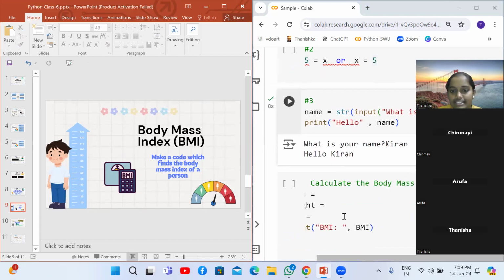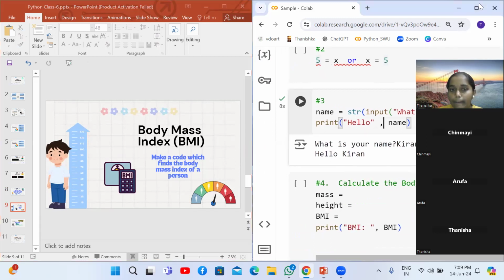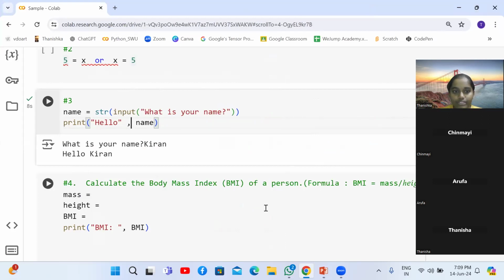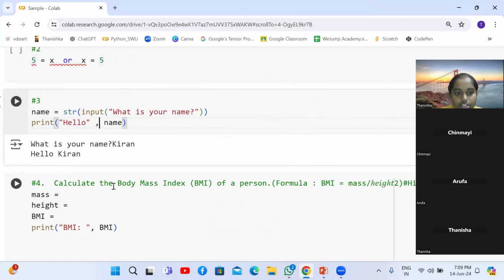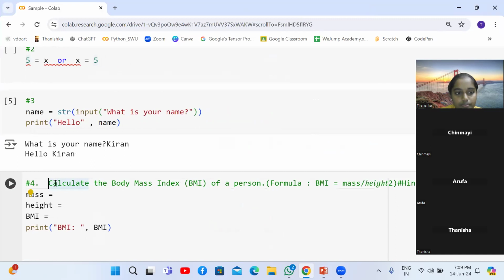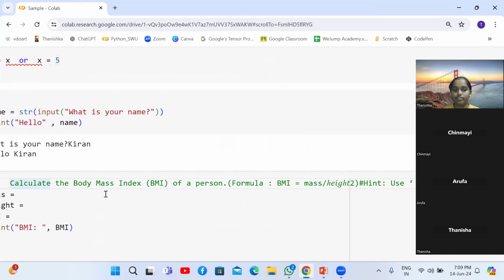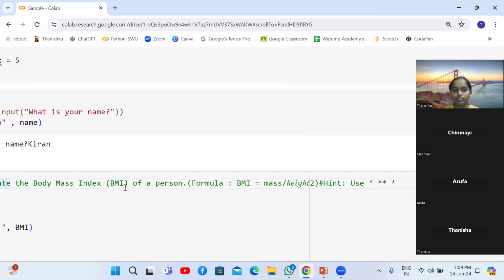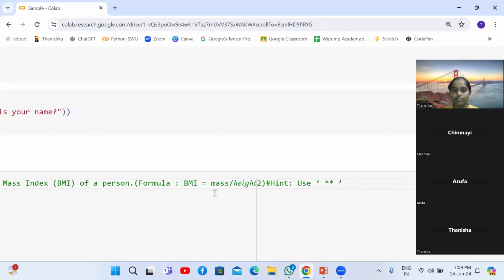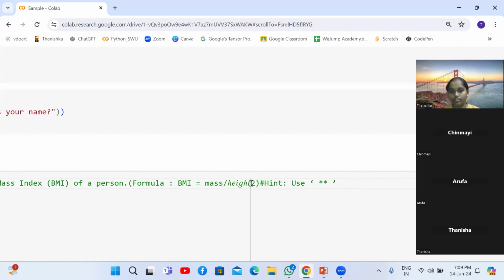I hope you guys can see the question, right? Can anybody read this for me? This one, the fourth one. Okay, sure, continue. Calculate the body mass index (BMI) of a person. Formula: BMI is equal to mass by height 2, hash hint is used.